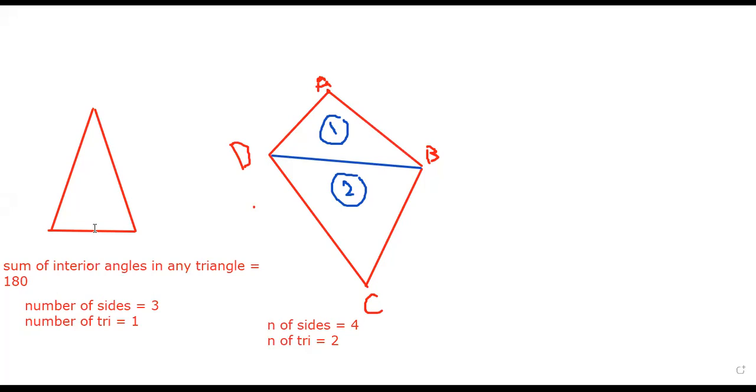And 3 sides form one triangle. A quadrilateral consists of how many sides, grade 7? 4 sides. Okay, and if we divide the figure, it will give us how many triangles? 2 triangles. Okay.